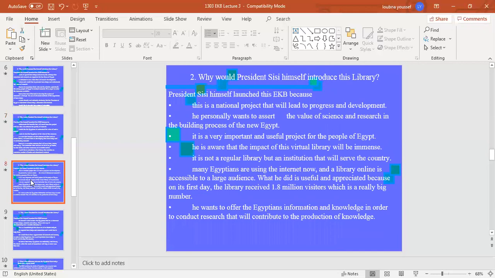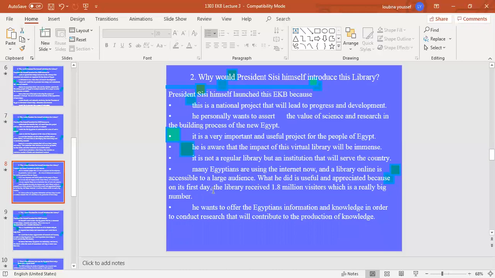Now, on the following slide, he shows through this that many Egyptians are using the internet now, and the online library is accessible to a large audience. What he did is useful and appreciated because on its first day, the library received 1.8 million visitors, which is really a big number.